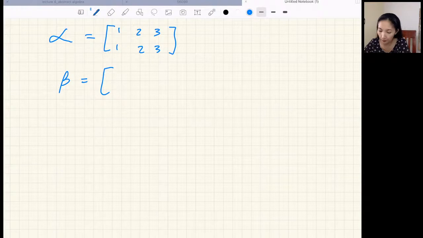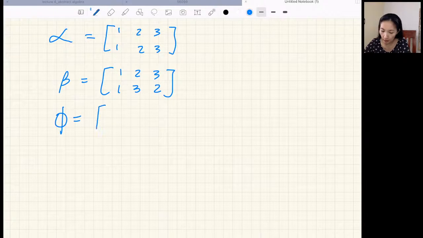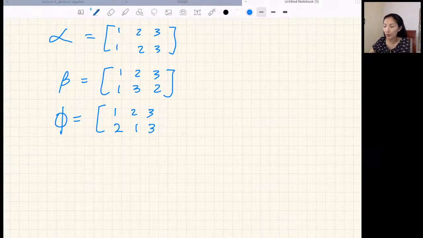1 2 3 over 1 3 2, and let's say phi is equal to, let's say, 1 2 3 over 2 1 3. Let's just show associativity.